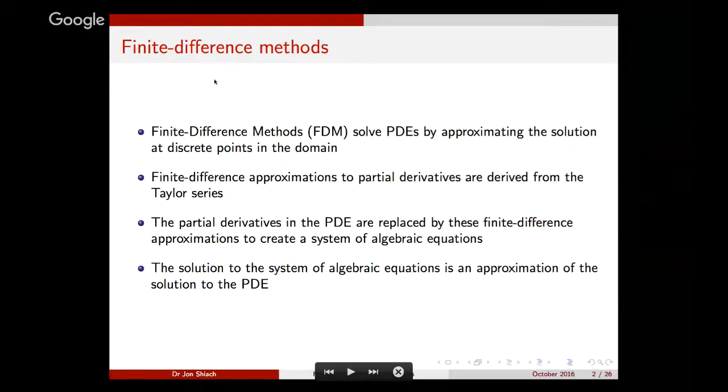And the solution to that algebraic equation is therefore an approximation of the solution to our PDE. So in general, to summarize, finite difference methods take a differential equation and turn it into an algebraic equation, we solve that algebraic equation, and therefore we have an approximation of the solution to the PDE.